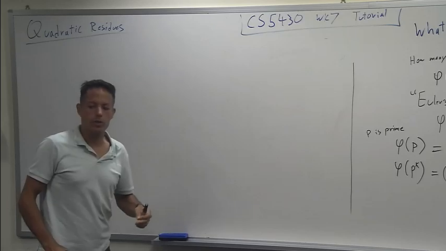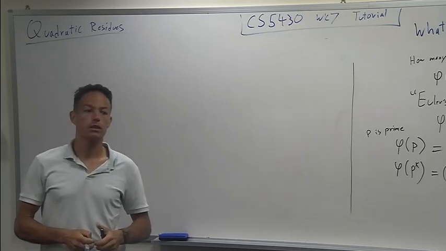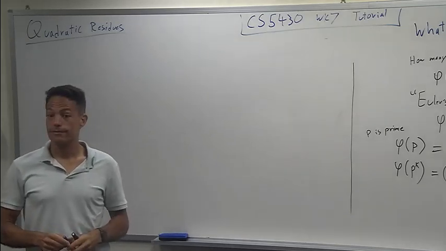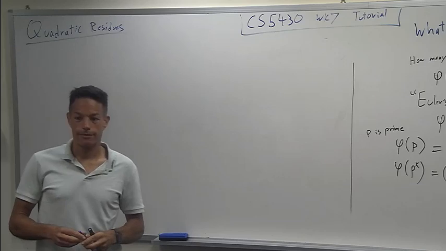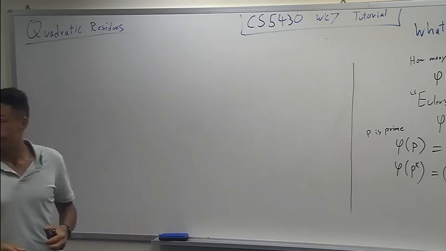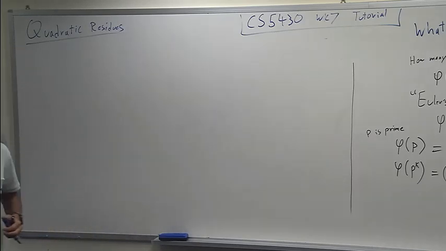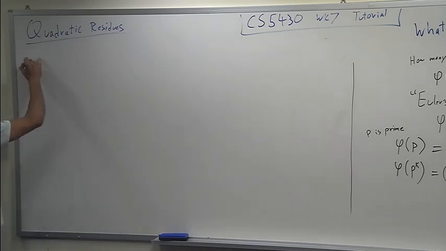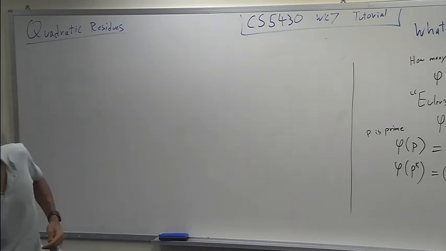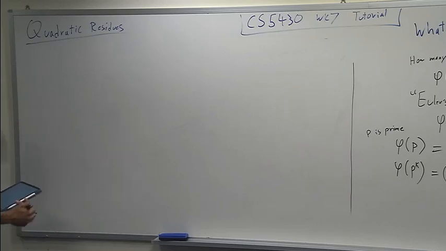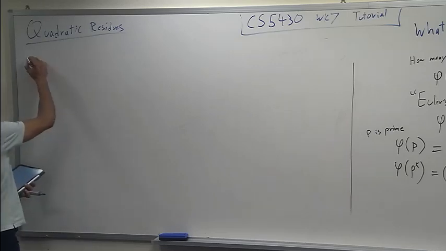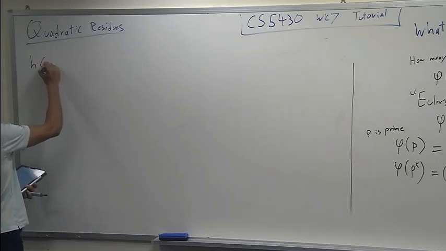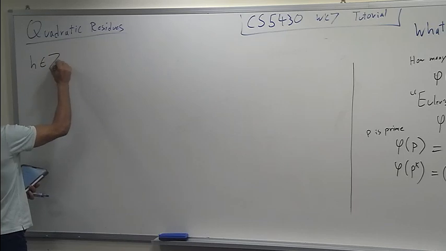Does anybody have a notion as to what a quadratic residue is? A number that can be written as a square? Yes, exactly. So, how do I write this in my notes? If you're given some h in Z_p star, we're going to work in Z_p star for now.